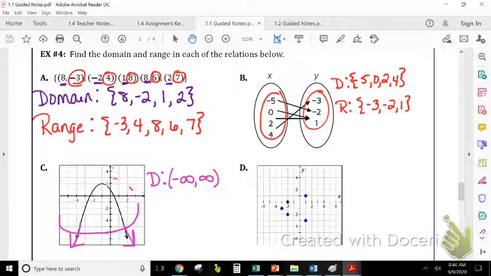Now let me erase this here, because now we're going to look at the range. Now the range, remember, is your y's. Y-axis goes up and down, okay? So we're looking from the bottom to the top. Does your graph keep going down? It does. So it's going to go down to negative infinity. Does it keep going up?